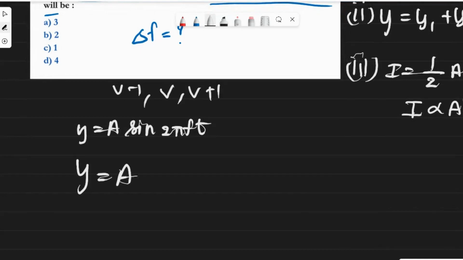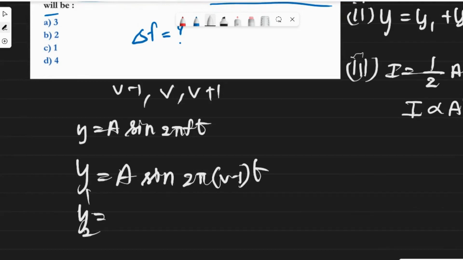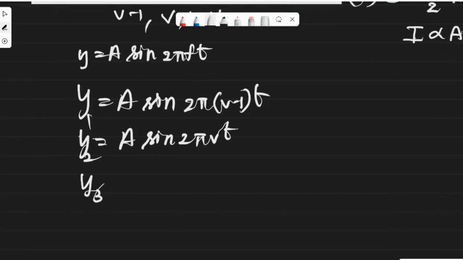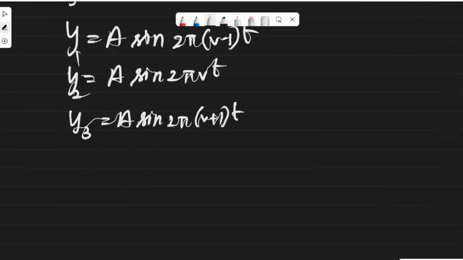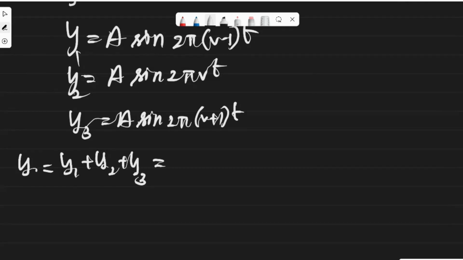So y1 is equal to a sine 2 pi into v minus 1 into t. y2 is equal to a sine 2 pi v into t. y3 will be equal to a sine 2 pi into v plus 1 into t. Since these three are superimposing, we have to add. So the final resultant will be y is equal to y1 plus y2 plus y3.